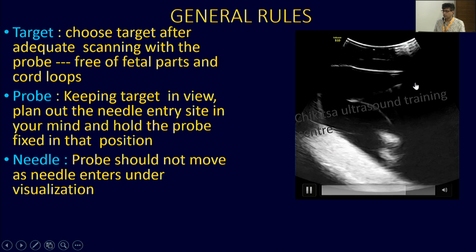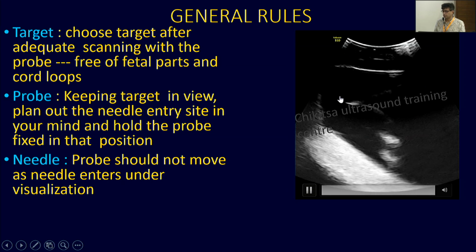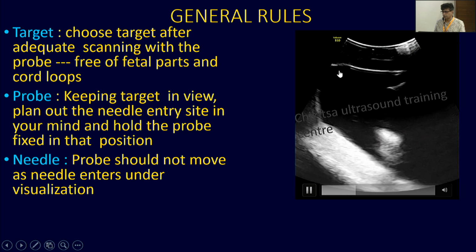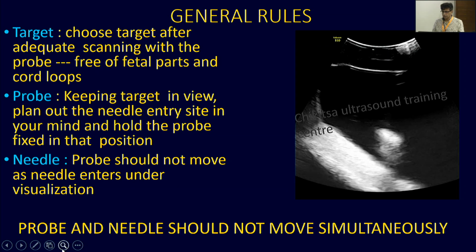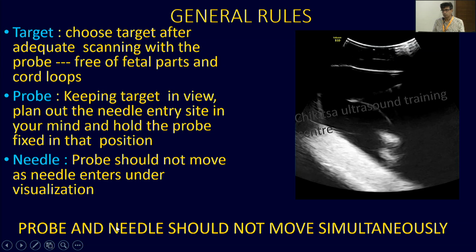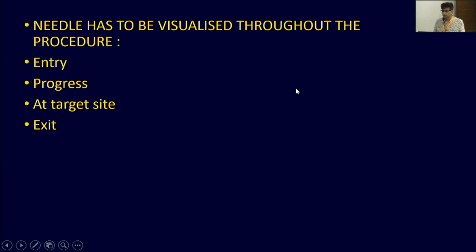While you're advancing the needle, you can see this image is quite static. So the rule is that the probe and the needle should not move simultaneously. Both should not move simultaneously.